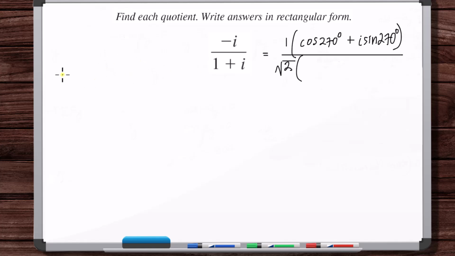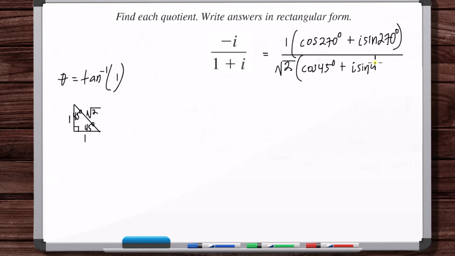Now arc tangent of 1 over 1, we know that we have the 45, 45, 90 triangle. We're in the first quadrant, so this angle is 45 degrees. So we've got cosine of 45 degrees plus i sine of 45 degrees. And there we go. So this is Z.